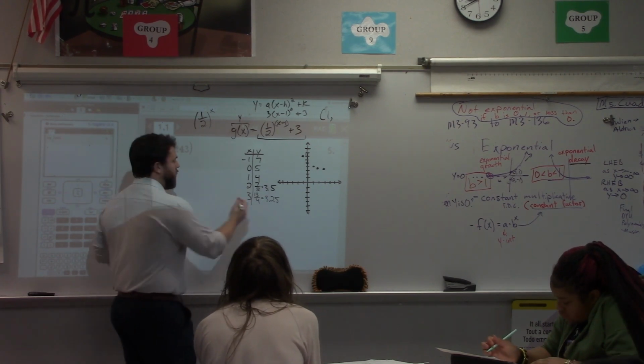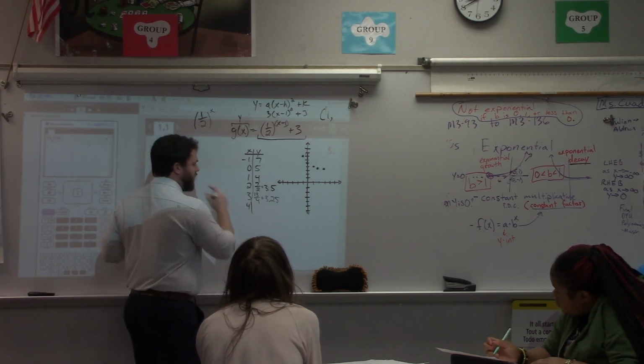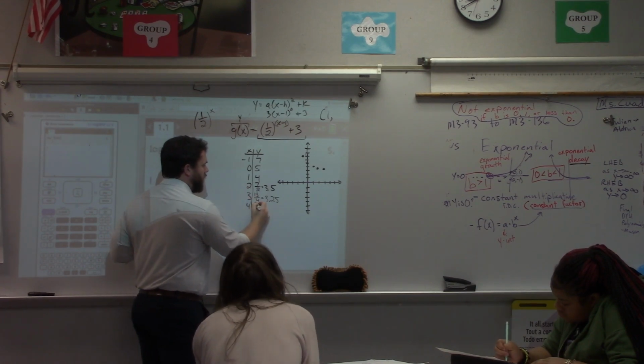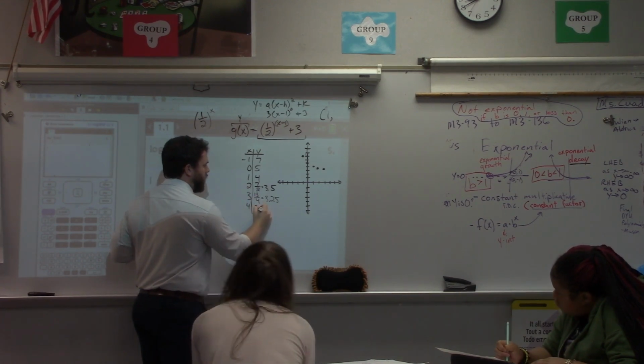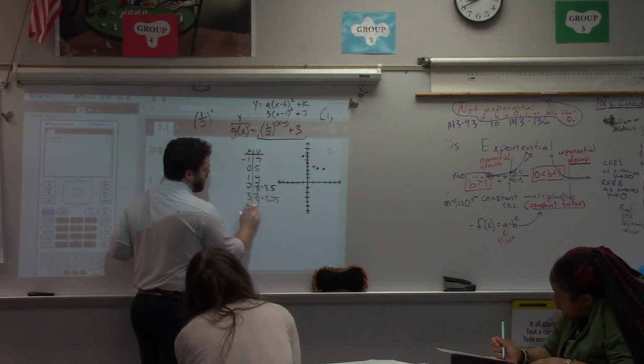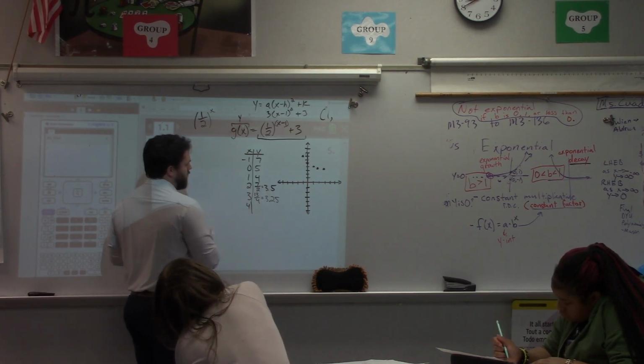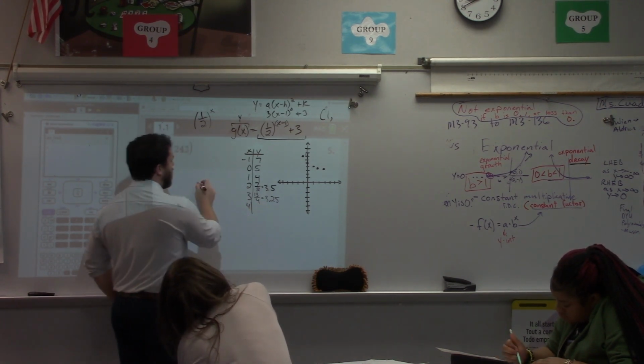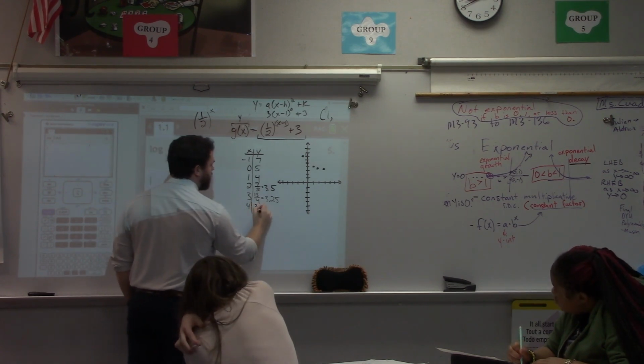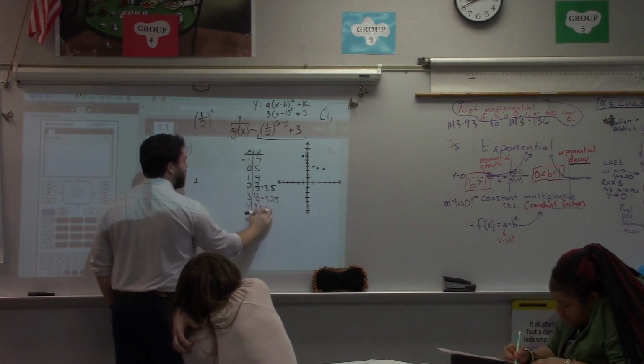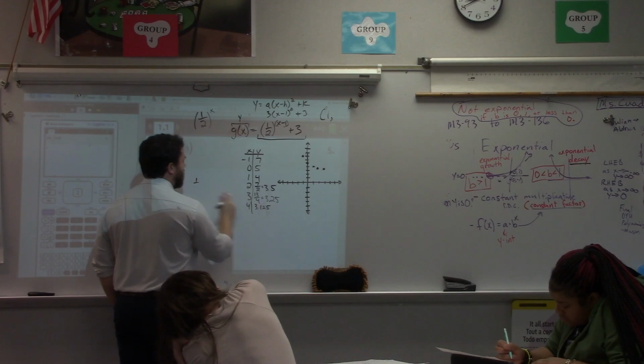The next point, I'm going to have to check myself, but I believe the next one would be 3. Actually, hold on, let me think about this. It'd be a 1/8, yeah, 3.125. How do you do this?